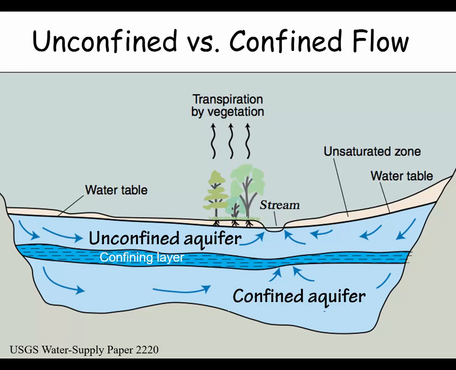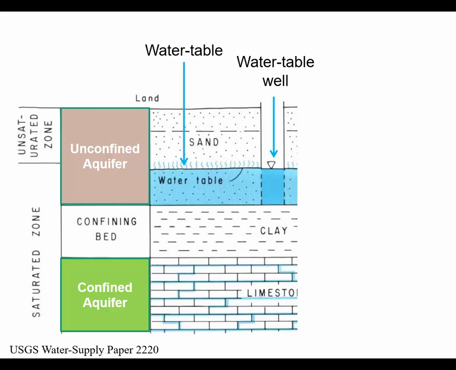We'll talk more about that confining layer in a moment, but basically it's going to be an impermeable or relatively impermeable unit. So we have saturated material, both in a confined aquifer and in an unconfined aquifer.